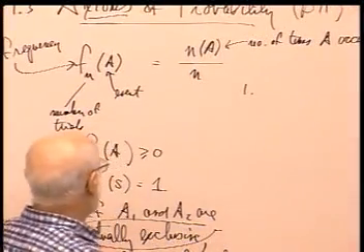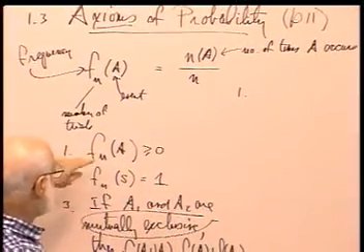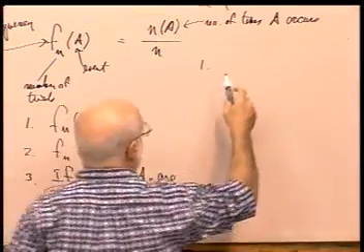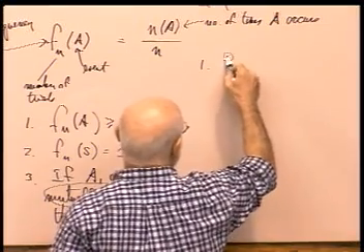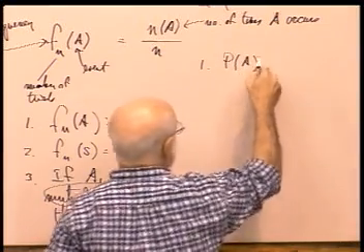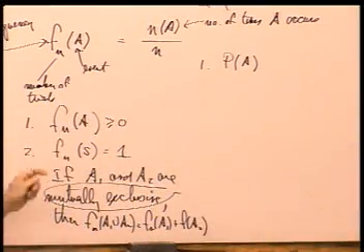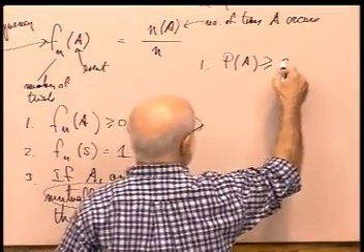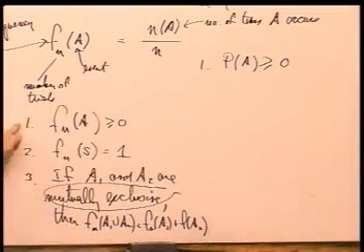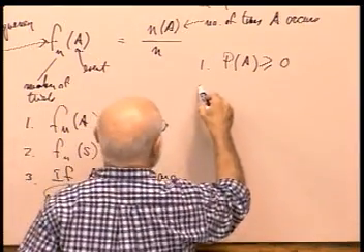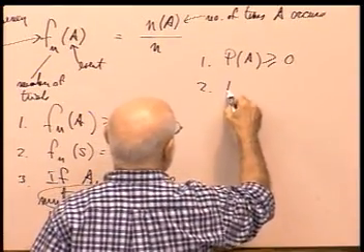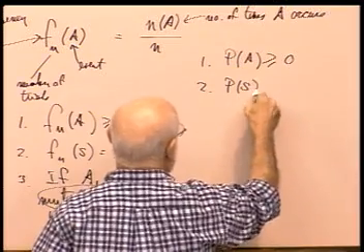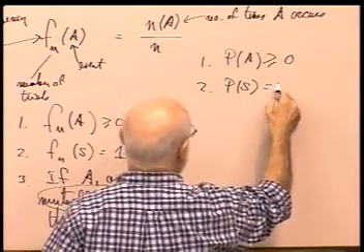We're going to assign to each event A a probability. And then we're going to say that the probability of any event must be non-negative. Same as this. The second thing is we're going to say that the probability that we assign to the whole space must be 1.